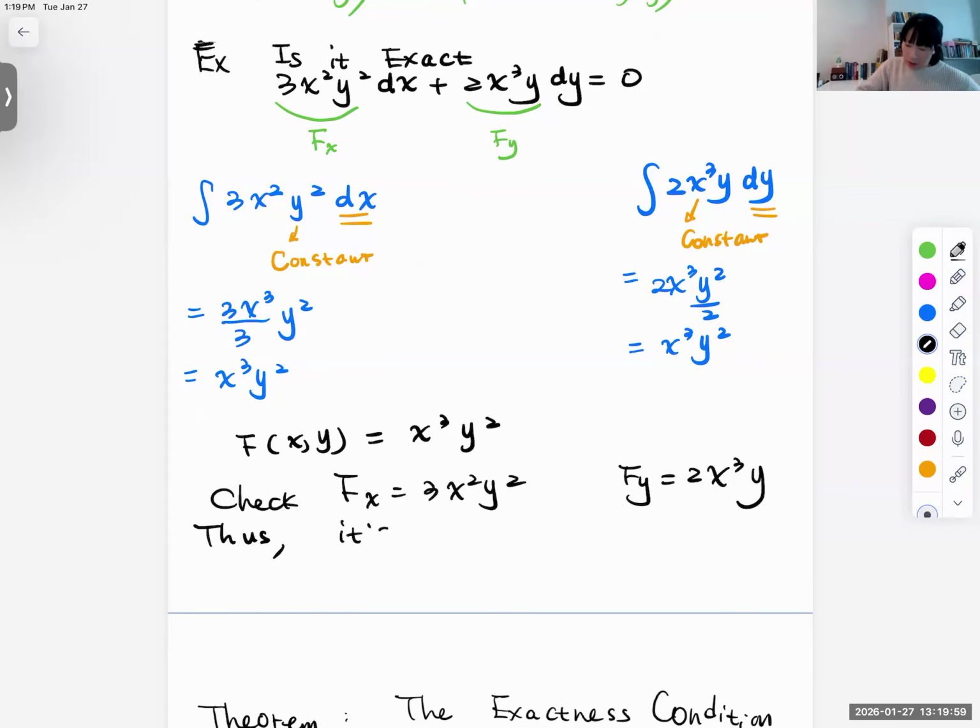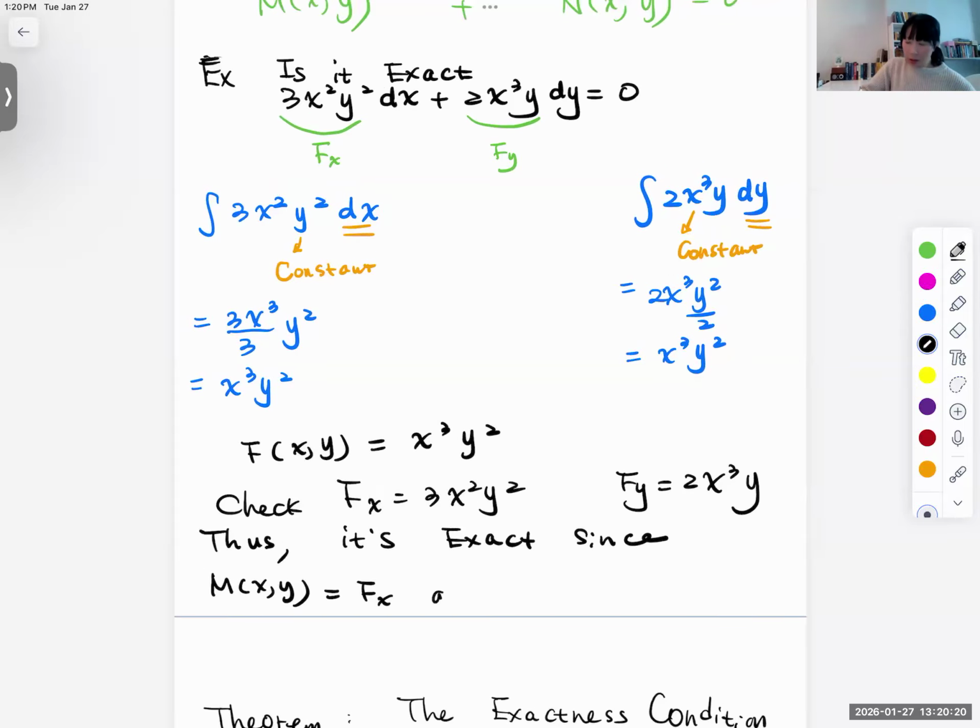It's exact since the equation equals the partial derivative with respect to x, and the equation, which is the partial derivative with respect to y, right?